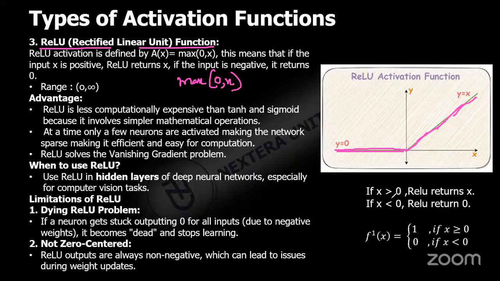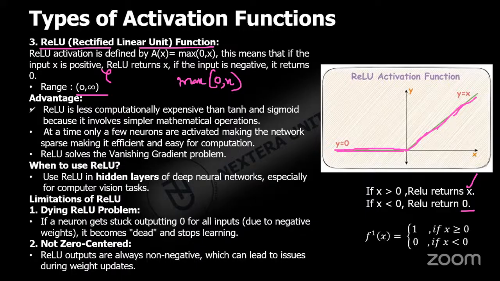So if x is greater than 0, ReLU returns x. But if x is less than 0, ReLU returns 0. So I can see the range of ReLU is 0 comma infinity. Can I get a range value less than 0? Impossible. For sure, the range of ReLU will be 0 comma infinity.